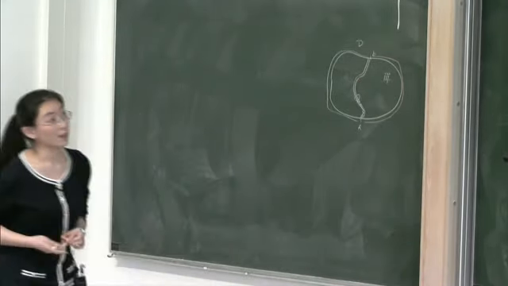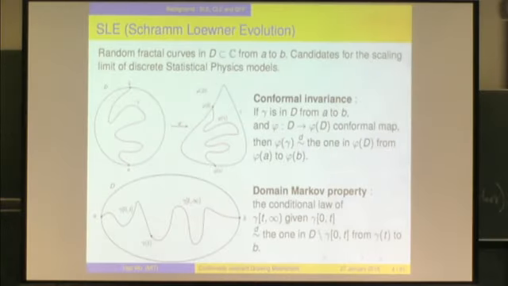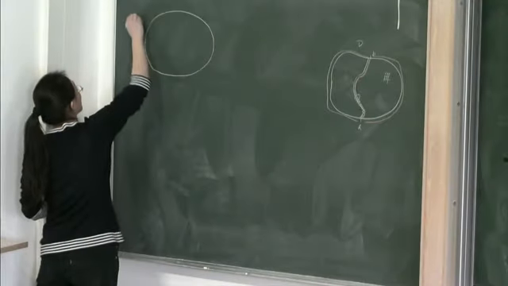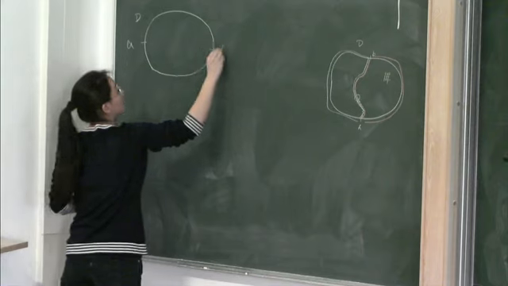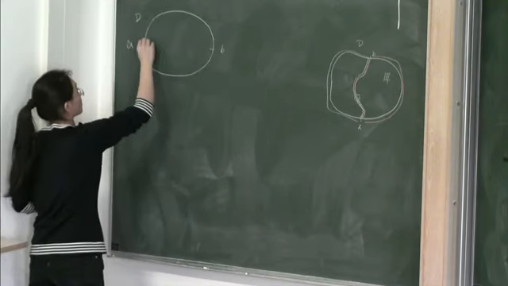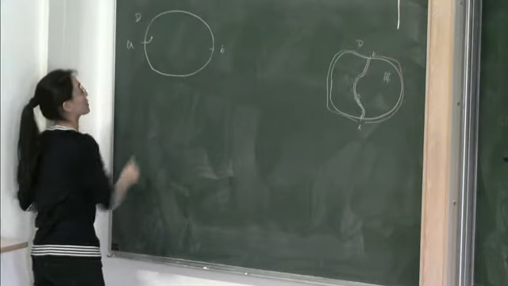And the second remark is, in fact, the combination of conformal invariance and domain Markov property is very strong. Suppose we have a curve satisfying both conformal invariance and domain Markov property in D from A to B. We run the curve up to a small time epsilon.